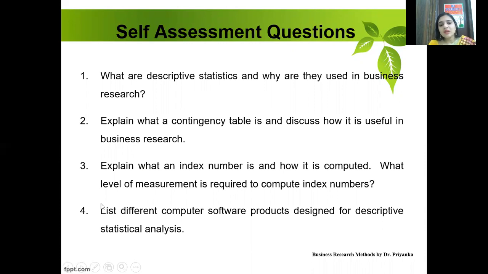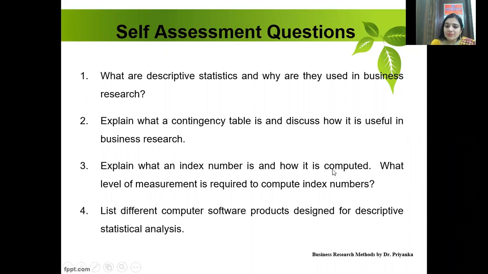Explain what an index number is and how it is computed. What level of measurement is required to compute index numbers? Index numbers represent simple data transformations that allow researchers to track a variable's value over time and compare a variable with other variables. To calculate an index number, a base number is first selected, then index numbers are computed by dividing the score of each category by the base number and multiplying by 100.